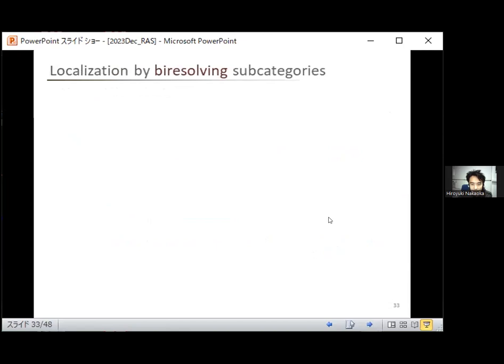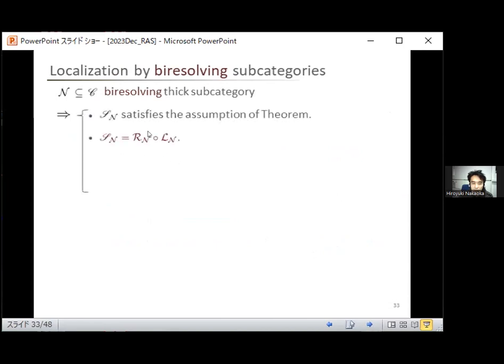For case A, suppose that N is a bi-resolving sixth subcategory. In this case, morphisms in S_N can be written as a composition of R and N in this direction. And we can show that S_N satisfies the assumption of the theorem.